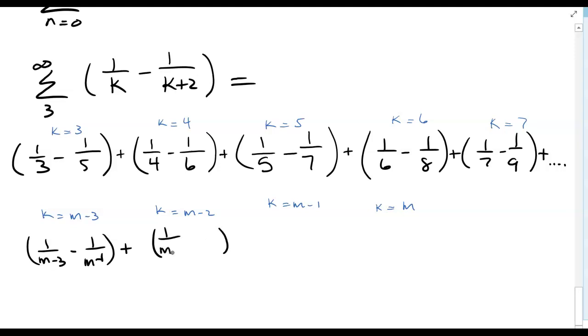So 1 over m minus 2 minus 1 over m minus 2 plus 2, which is just m. 1 over m minus 1 minus 1 over m minus 1 plus 2, which is m plus 1.